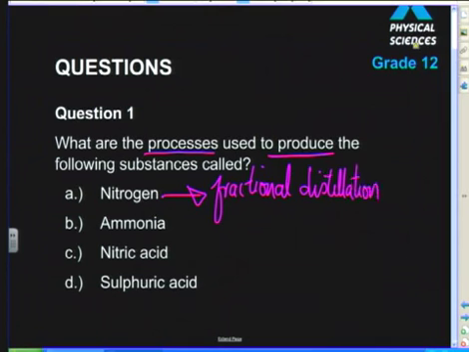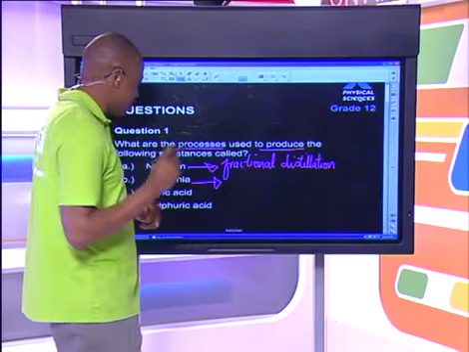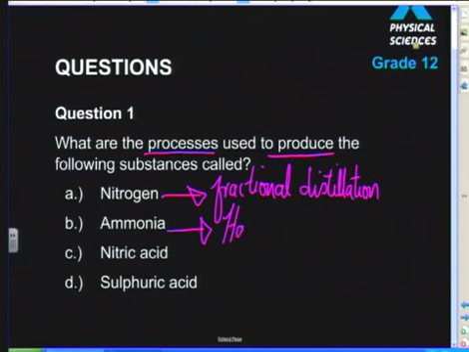And when we are to produce ammonia, I think everyone should know this. Please go and get everything wrong in the exam, but don't get this one wrong at all. But hey, I'm not saying you must get everything right in the exam. So ammonia, we use what we call Haber process. Okay? You must know all this.